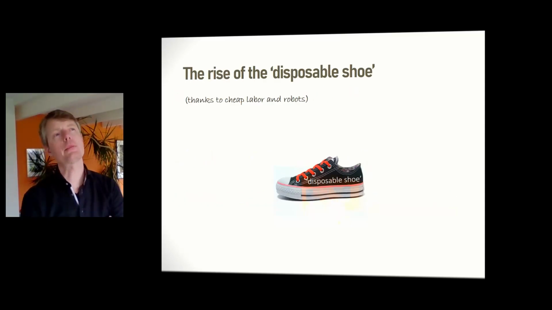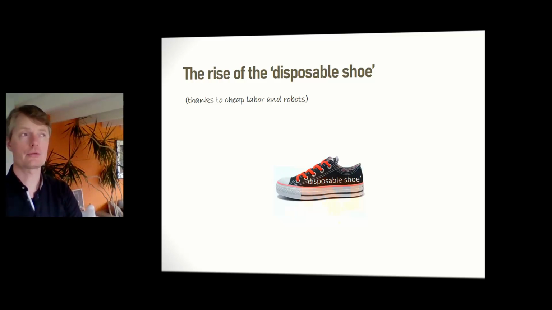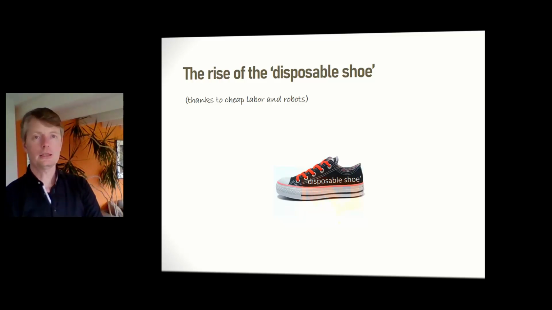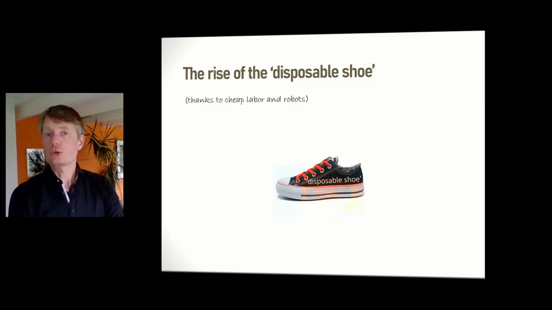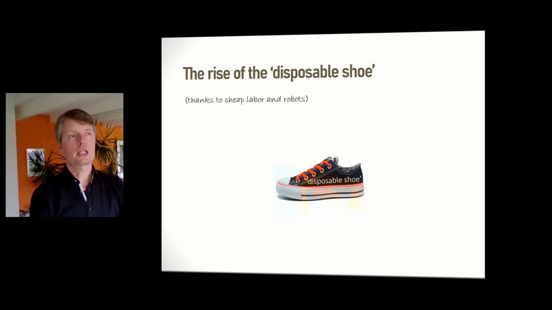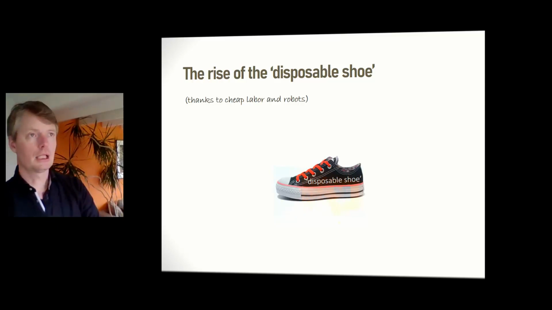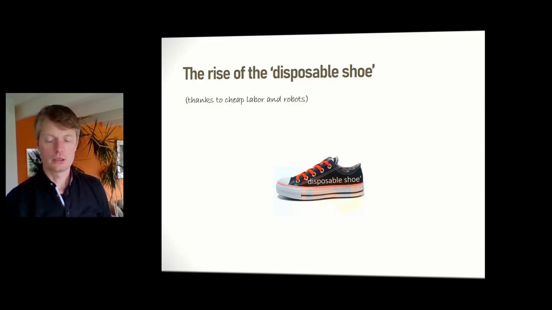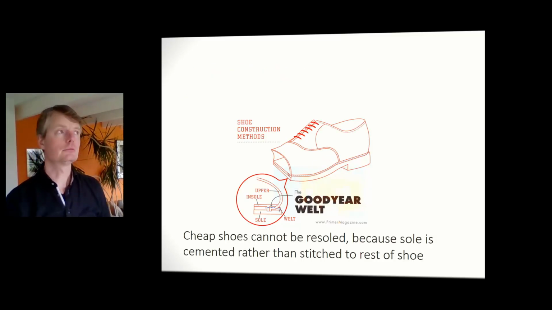Now, one of the things that happened in the shoe market as a result of those changes in the production process is the rise of the so-called disposable shoe. Shoes are made differently, and they are also a lot cheaper than they used to be.